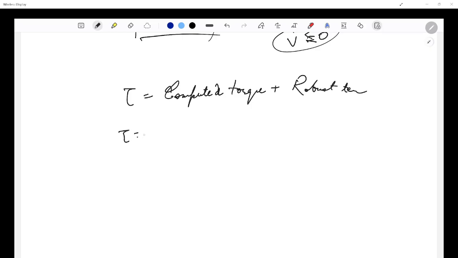For example, you can have M(q) times tau dash plus C plus G plus some robust term, where let's say this is some signum function. It cancels the disturbances and ensures bounded error, but causes chattering because of high frequency oscillations.